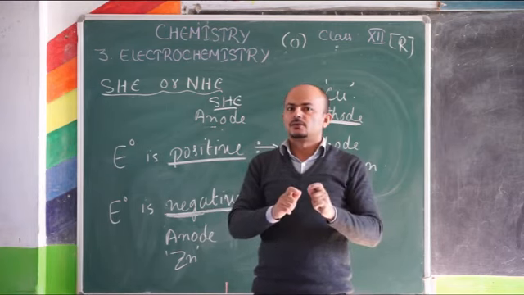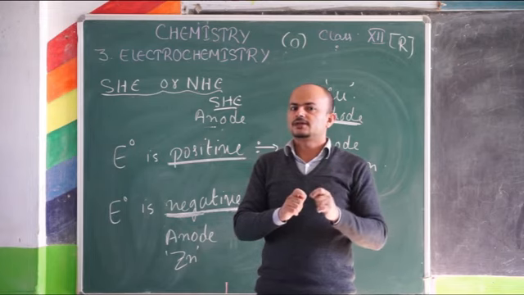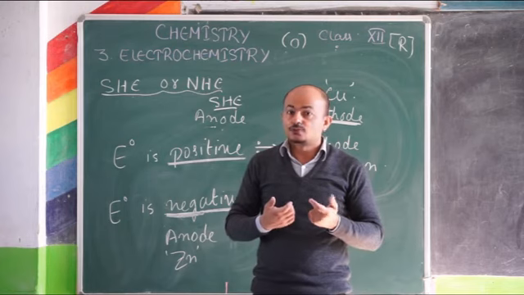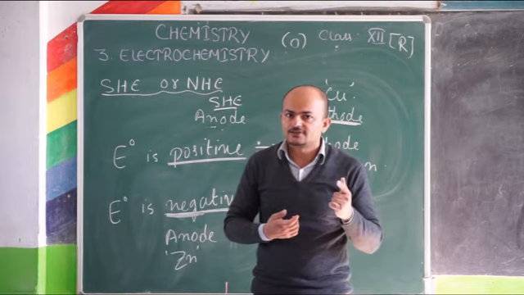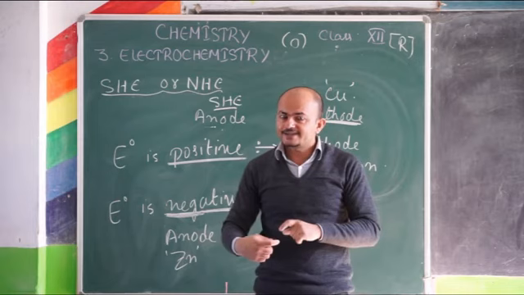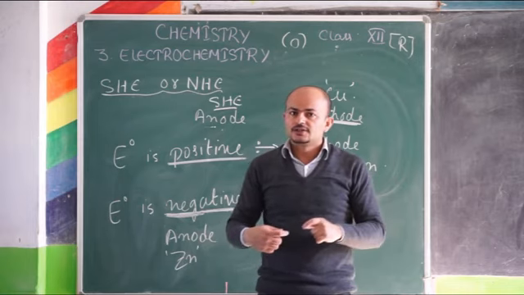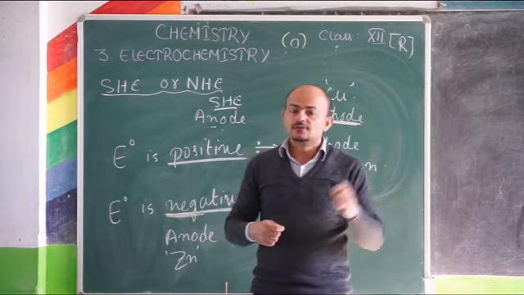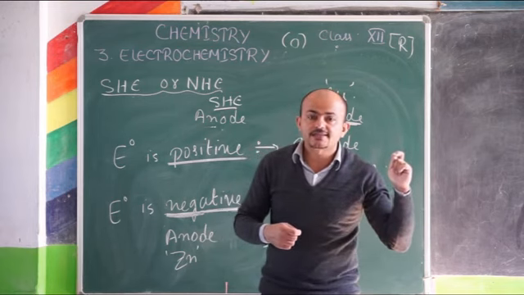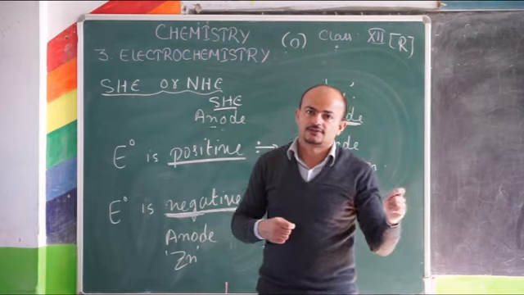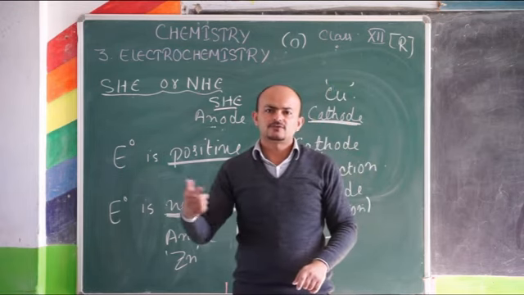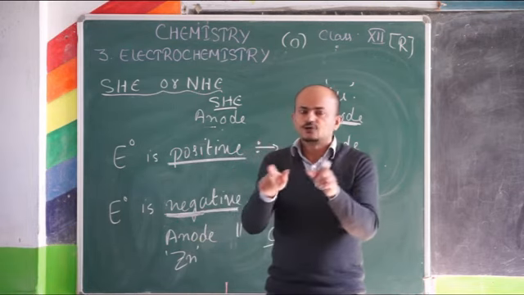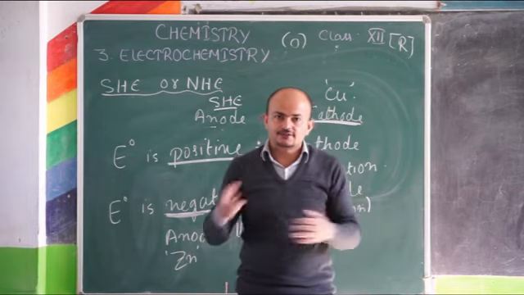Now, giving up of the electron is what? Oxidation. So where does the oxidation take place? Anode. So the more negative or smaller the value of standard reduction potential, the more they will act as anode. And the other one has to act as what? Cathode. So in a cell, you have two half cell reactions.